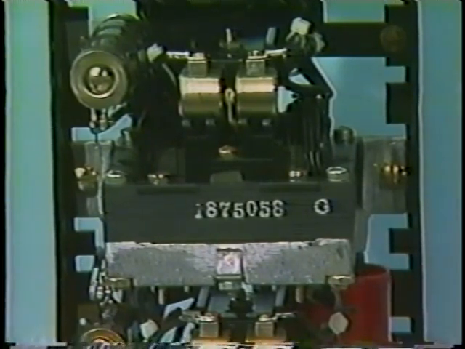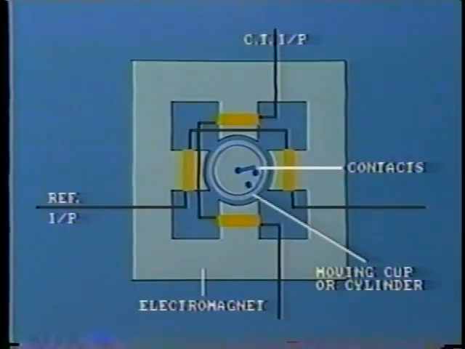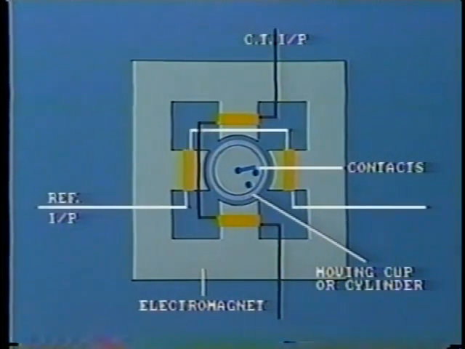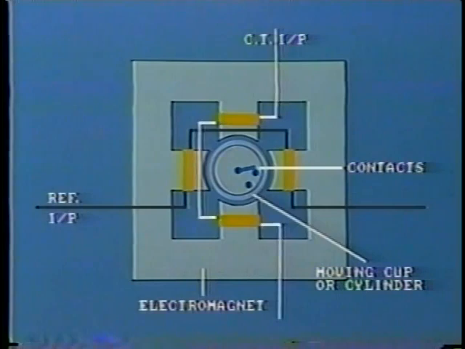The aluminum or copper cylinder takes up a stationary position depending upon the fluxes developed in the electromagnet. One of the coils is receiving input from the reference voltage or current, while the other is receiving input from the CT of the protected circuit.